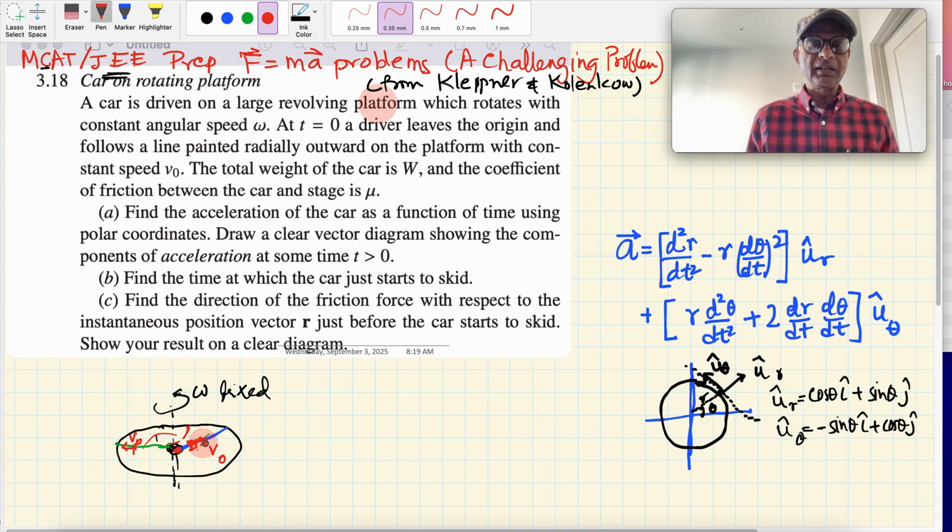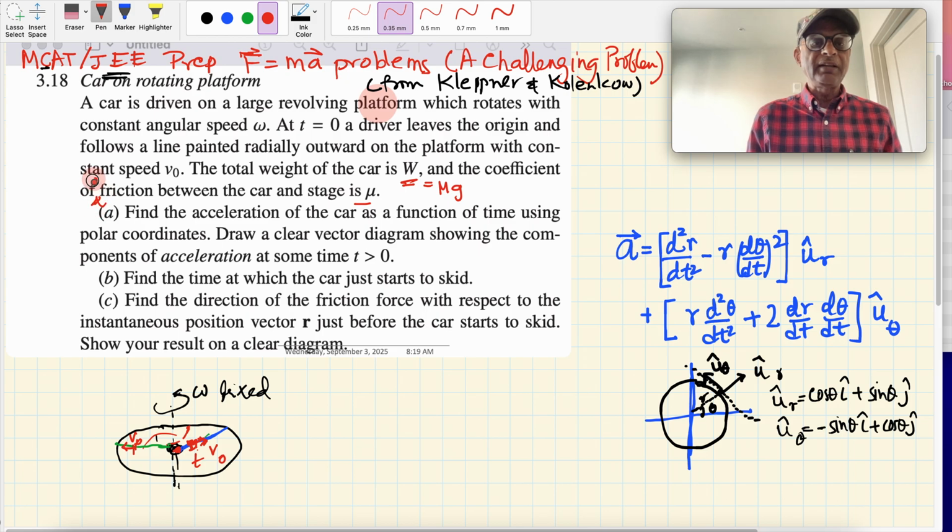So let's see. This is situation t. At situation t, the weight of the car is w, which you can say is mg. And the coefficient of friction between the car and the stage is mu.